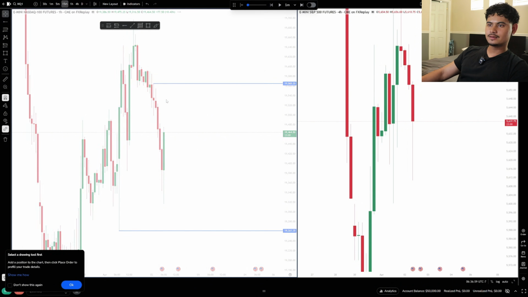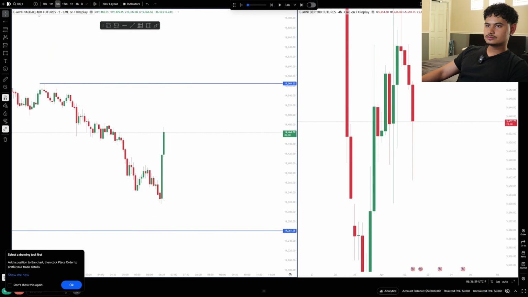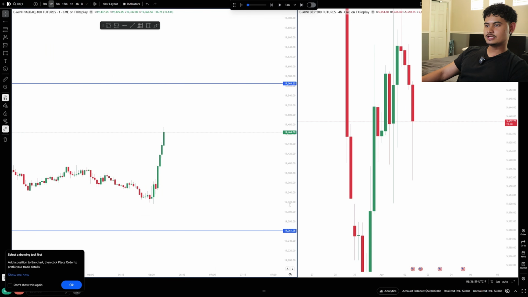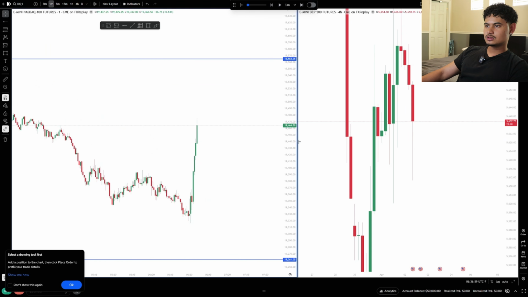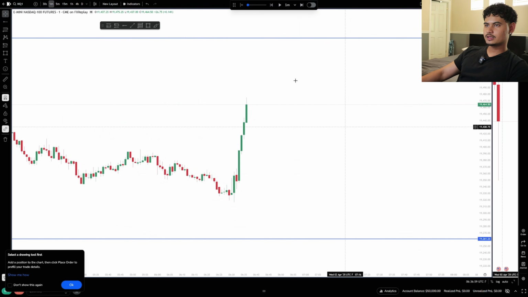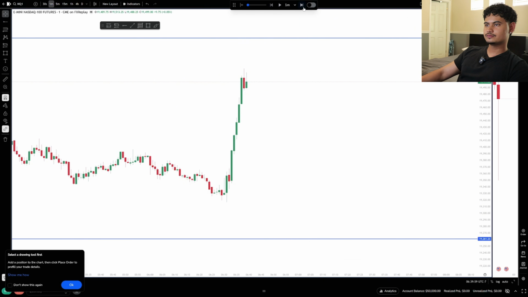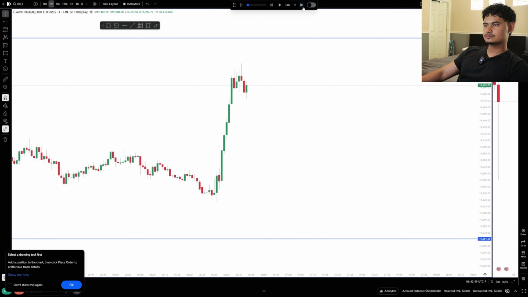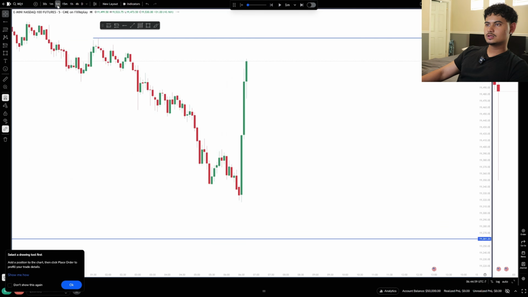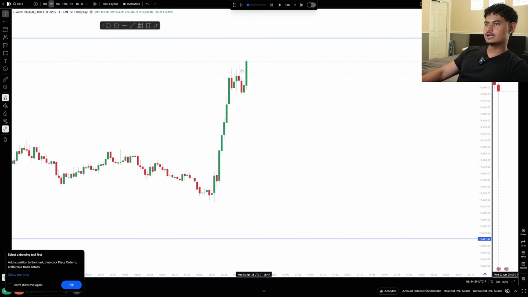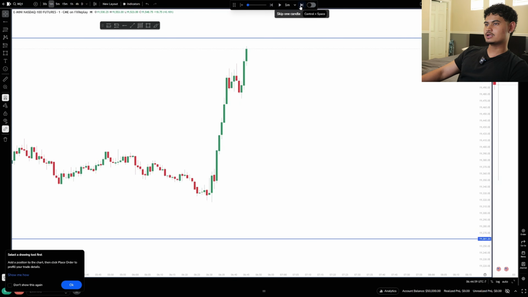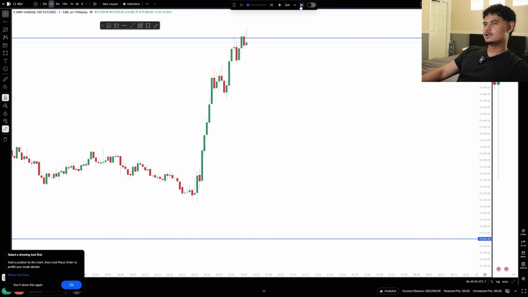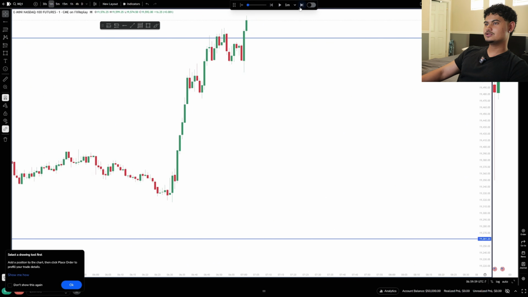So seeing this right here, I want to see a retrace. Okay. Maybe we could get a retrace. I don't know. It might just fly to our TP, but this already took my break even point, so I do not want to take it. Yeah, okay. No entry.